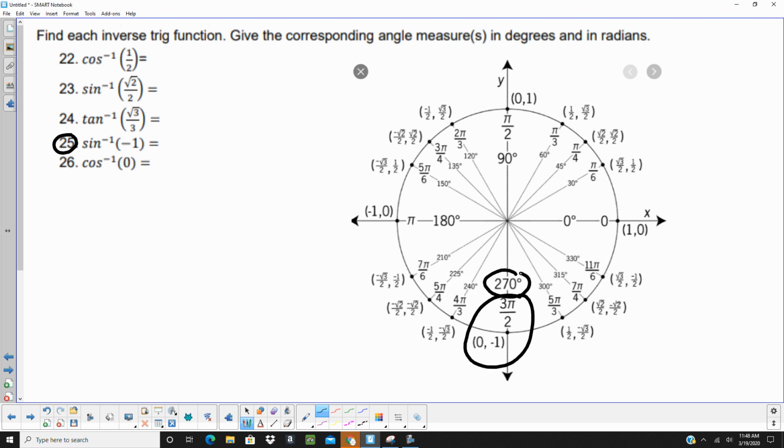They wanted degree measurements there too, at 270 degrees and 3 pi over 2. Let's look at our last one, cosine of 0. Where is our x-coordinate 0? Well, 2 places: 270 degrees, 3 pi over 2, and 90 degrees, or pi over 2.